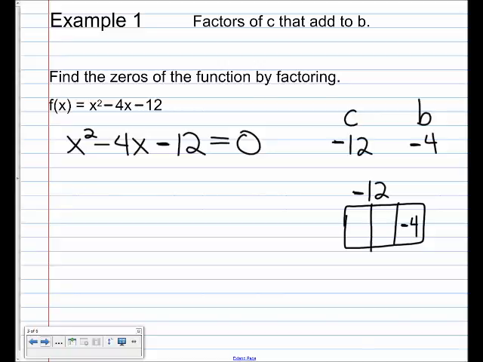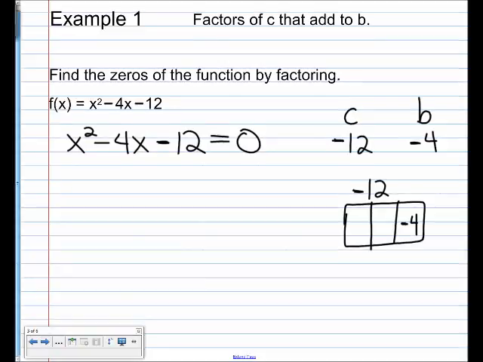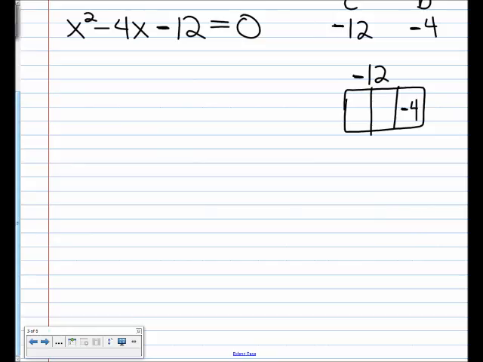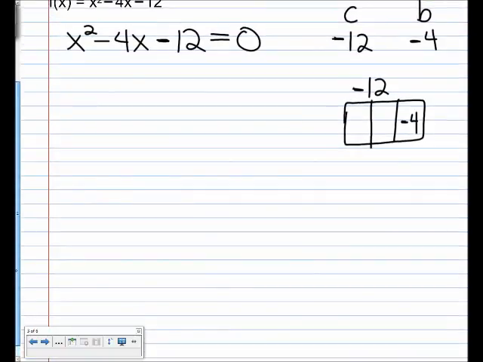So what 2 numbers multiply to give you negative 12 and add to give you negative 4? What 2 numbers work? Negative 6 and 2. Negative 6 and 2 is correct.